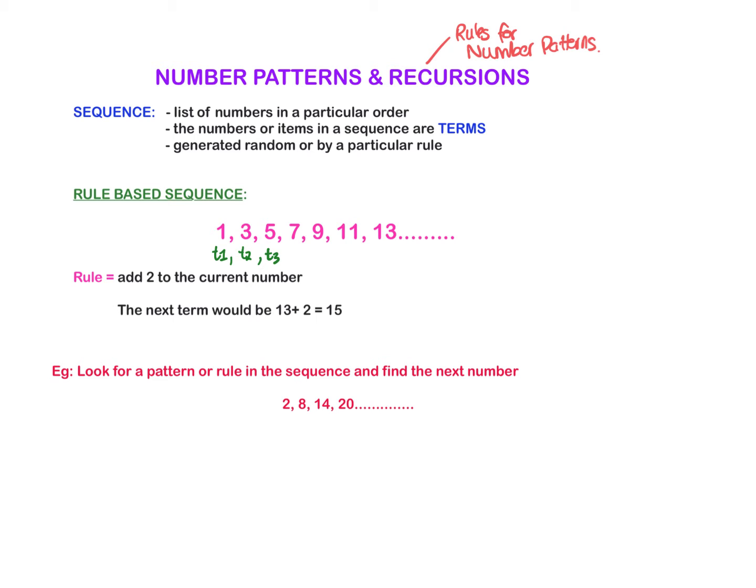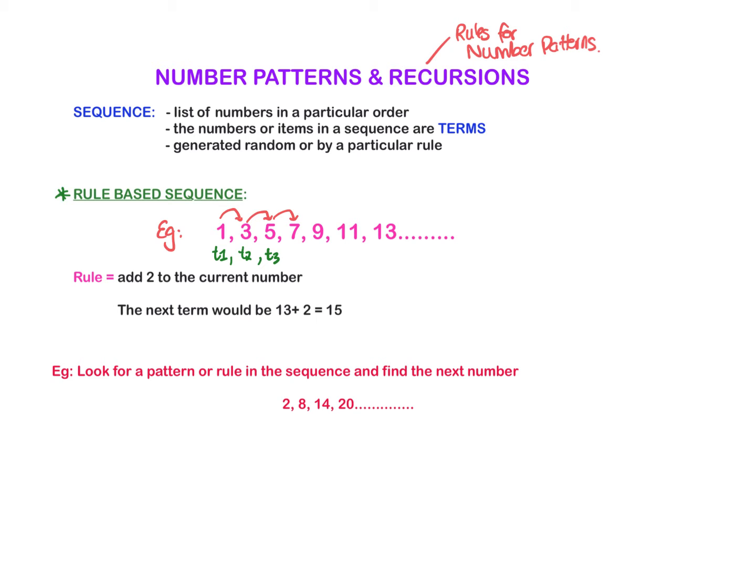A sequence could just be any numbers. There might not even be a pattern, or there could be a particular rule to the sequence. In our example here, it is rule-based. If you have a look, you can see that every time, something is being added to the term to get the next one.